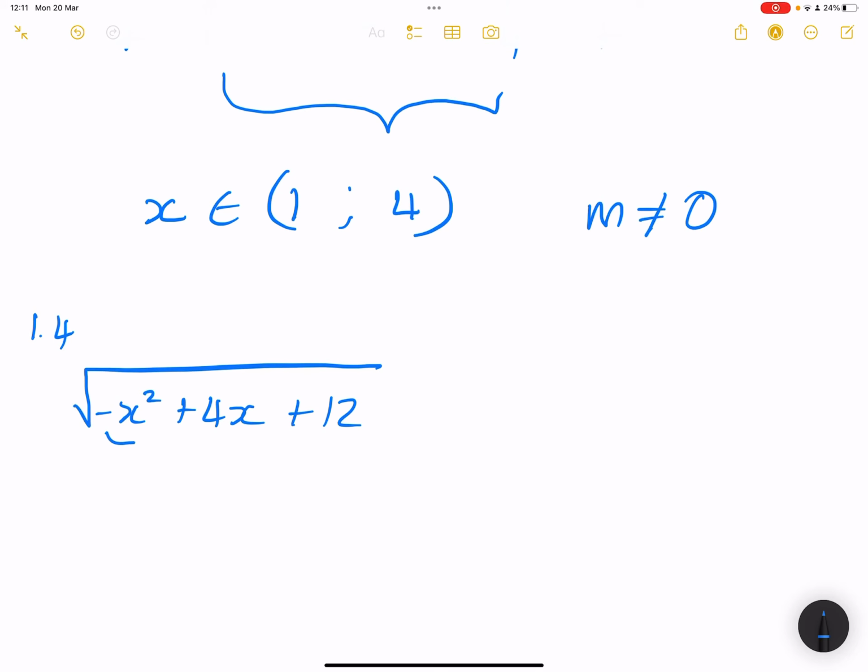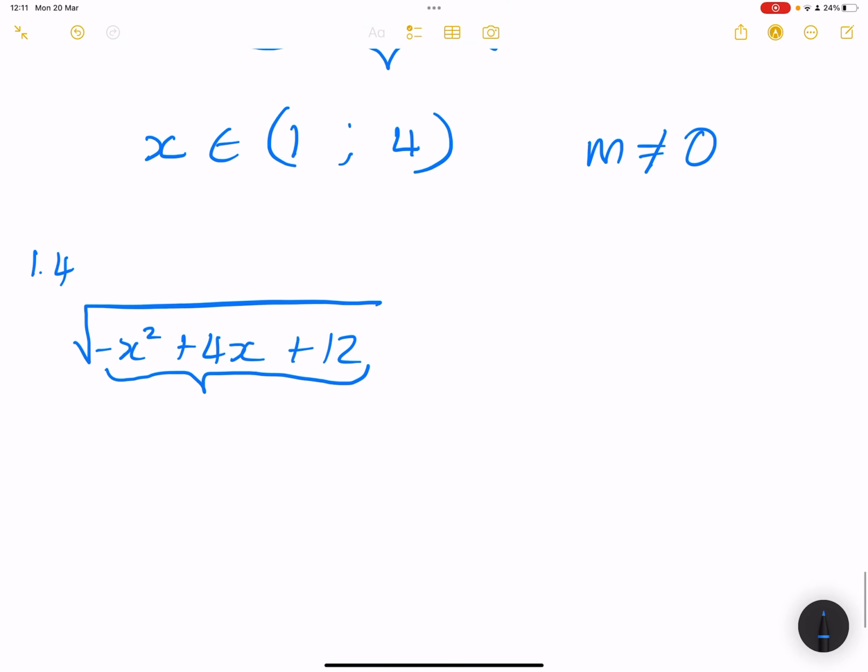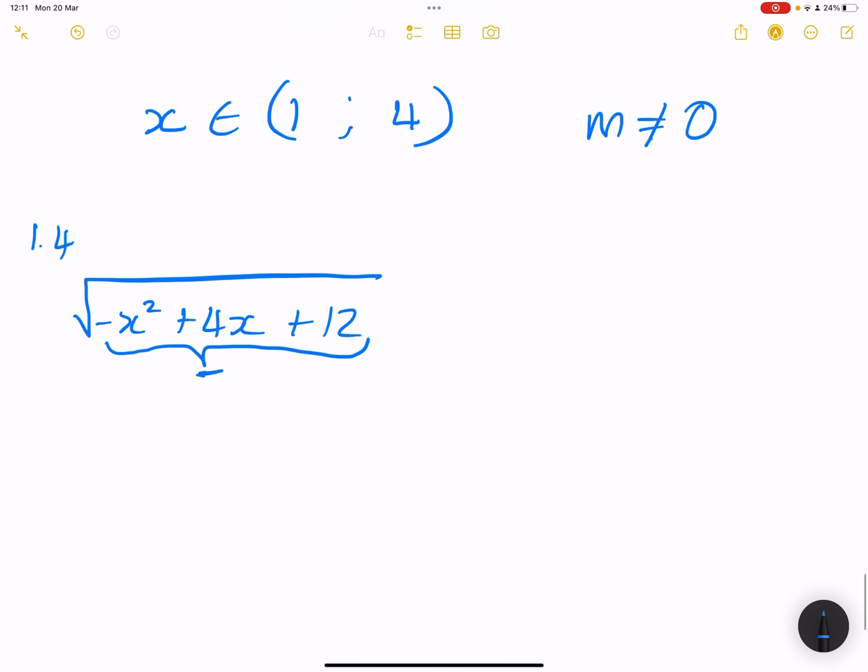Right, so what is inside that square root is a quadratic expression. Now, if you've gone through the parabola, we know this represents a parabola. So when is a parabola at its maximum value or minimum value?